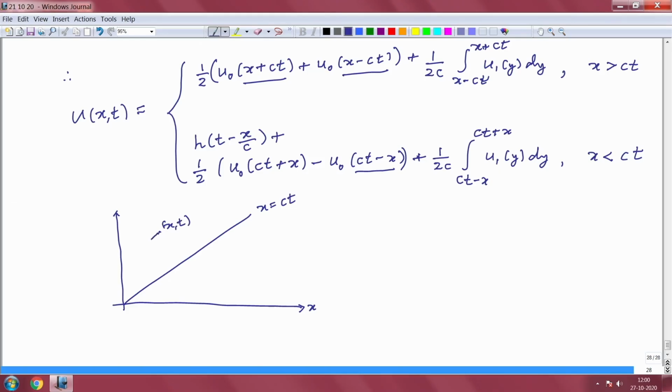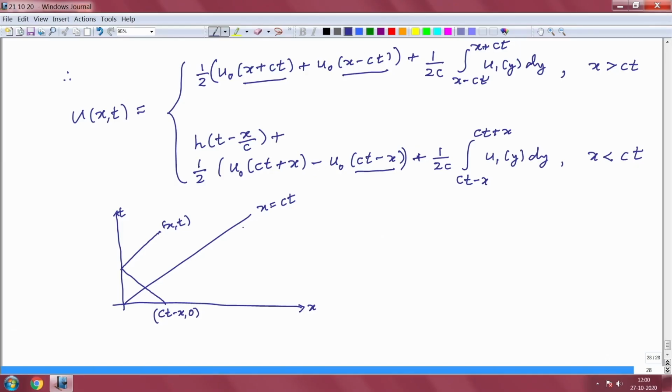So, there is a characteristic meeting the boundary line x equal to 0, and then you draw the, so it is kind of reflected characteristic, and this is the point ct minus x, 0, and that is the reason it also appears with a negative sign here. So, watch that one. Okay.